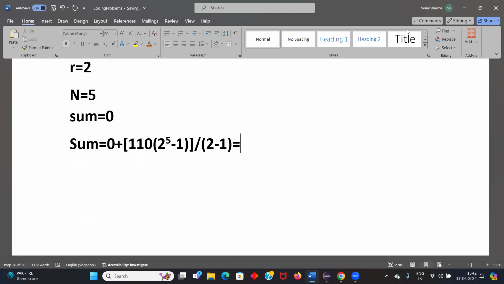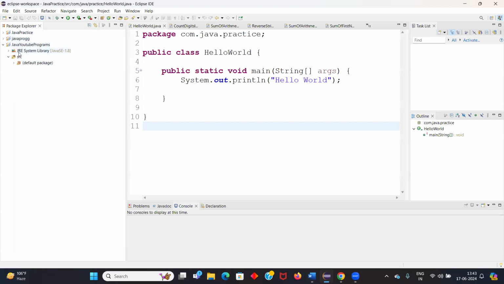So use your calculator and solve this. 2 raised to power 5 is 32, 32 minus 1 is 31, this denominator is 1, and 31 into 110 will be 3410. So this will be our sum value. Let's go to our Eclipse and write this program.